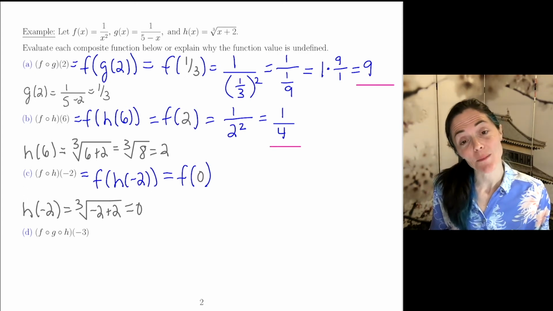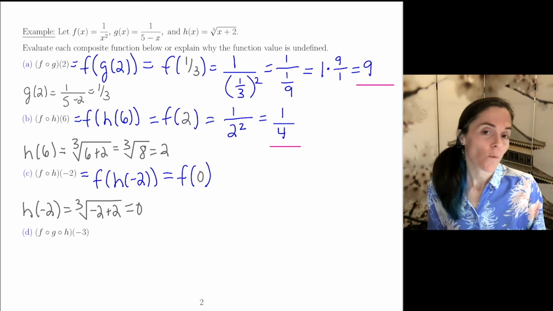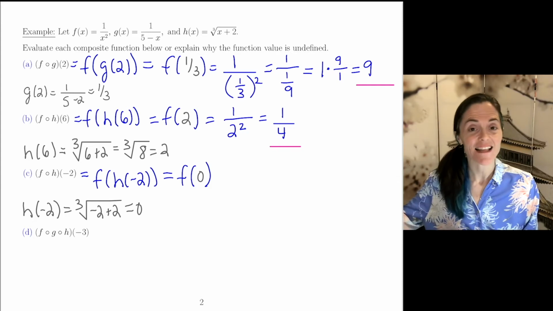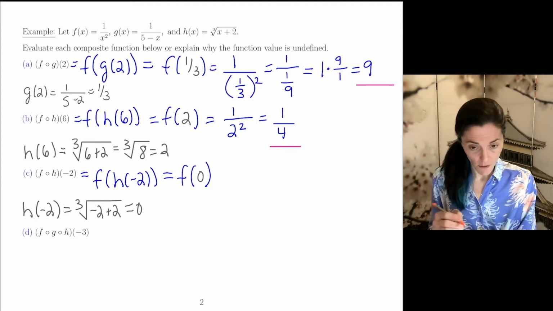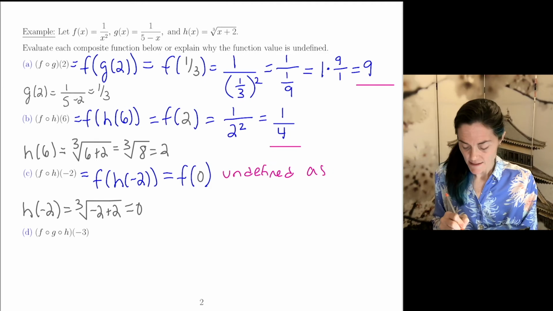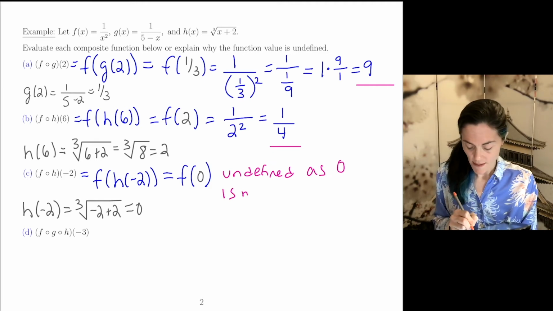We run into a problem because this would be 1 over 0. 0 is not in the domain of F. This is one of the things we discussed last lesson. We may not divide by 0. And so this is undefined, as 0 is not in the domain of F.